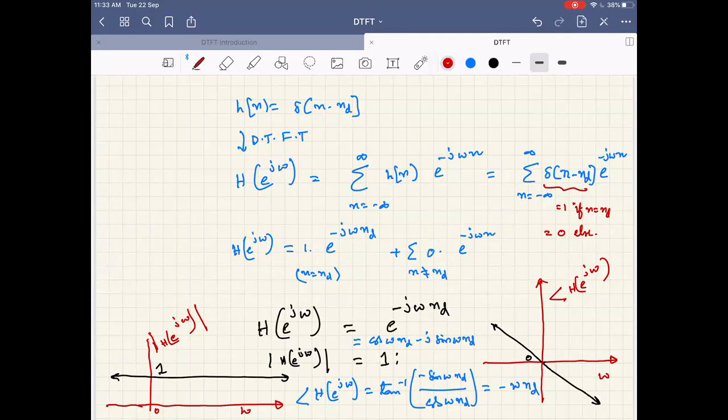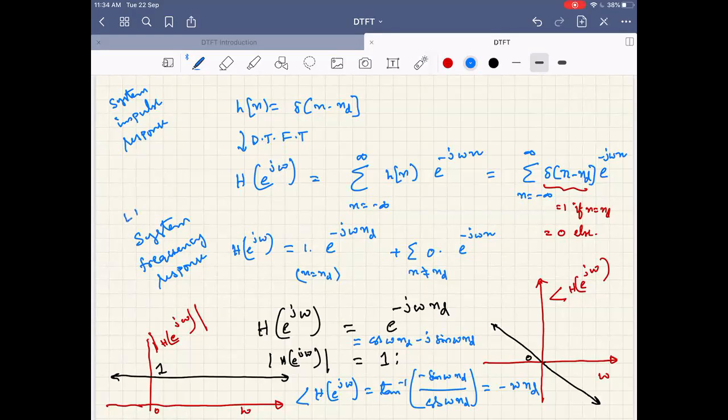So in fact here, as you can see, this is the system's impulse response, and this is the system's frequency response. So what kind of system is this?